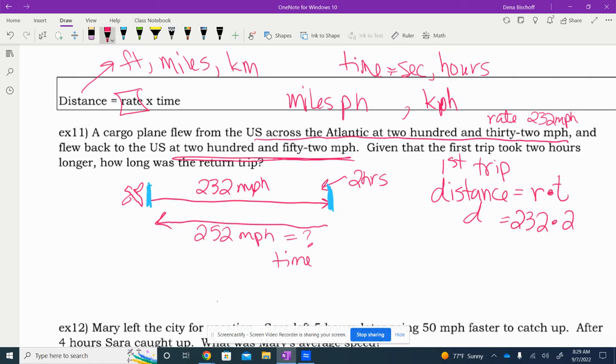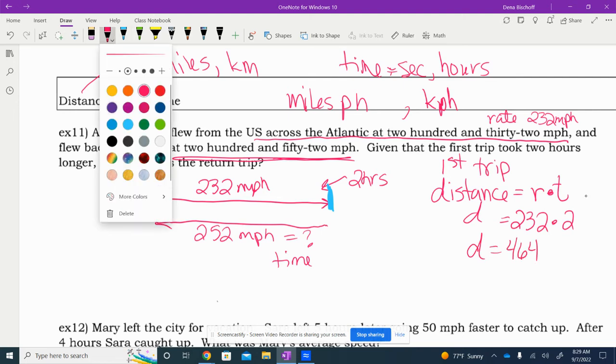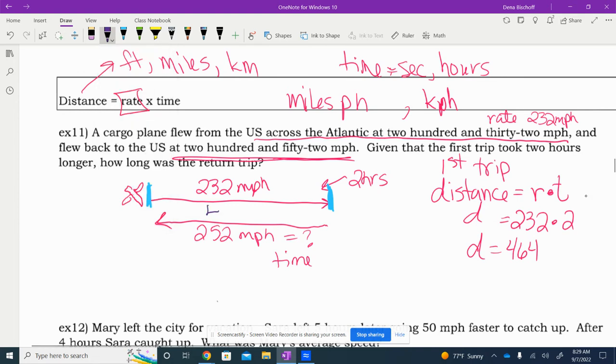What is the distance? How do I solve that? Yeah, I'm just going to multiply. I'm going to take 232 and multiply it by 2, and that's 464. So this distance traveled is 464 miles.